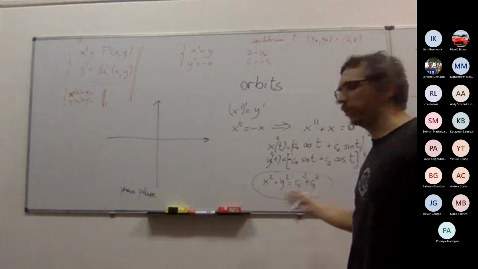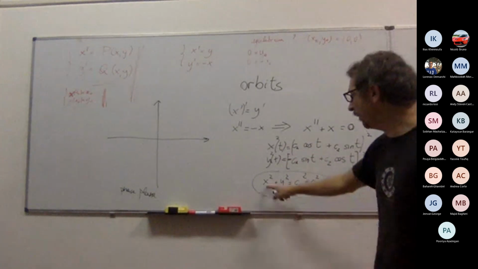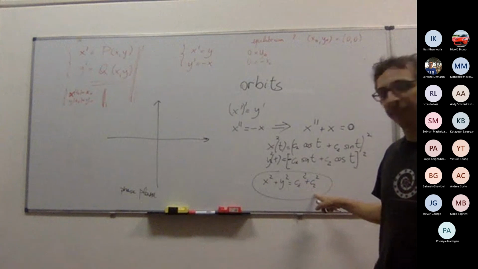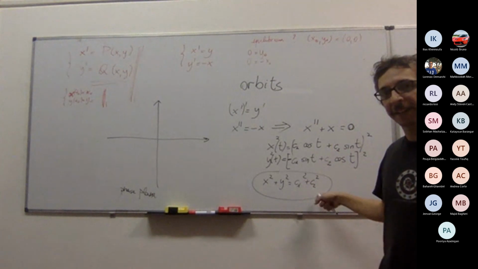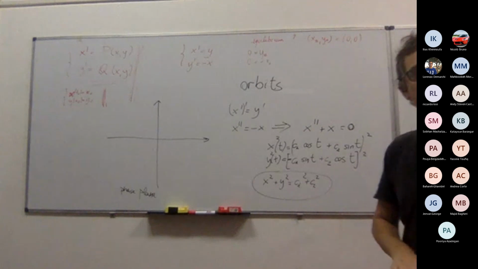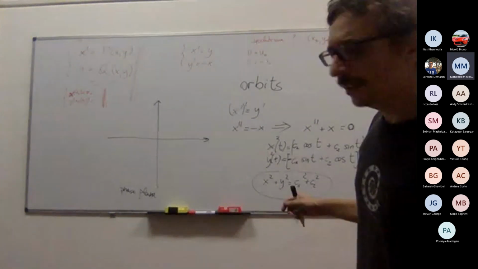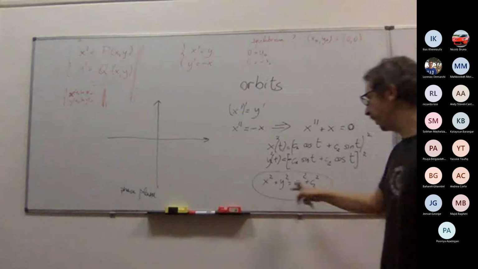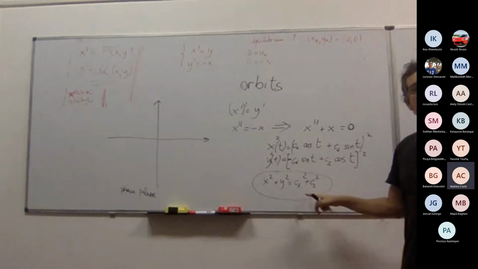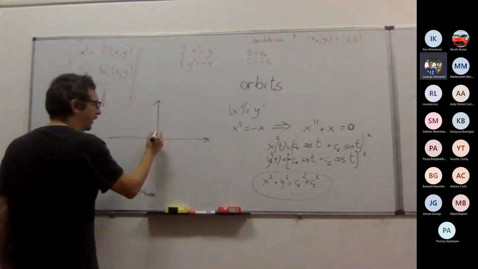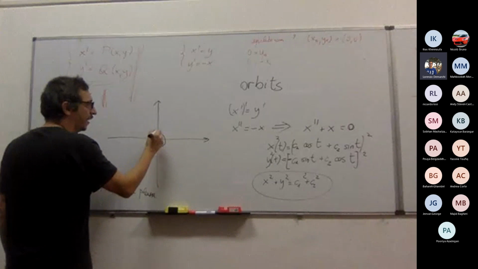These are just two identities, so I can sum up the things, and I will end up with this, which is, what is that? What's this thing? An ellipse. The equation of the orbit. Yeah, that's okay. But what is this object? An ellipse? A circle? Basically, a circumference.